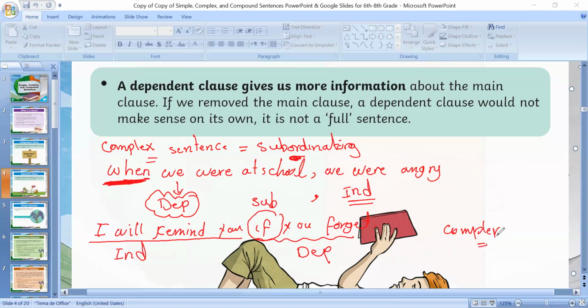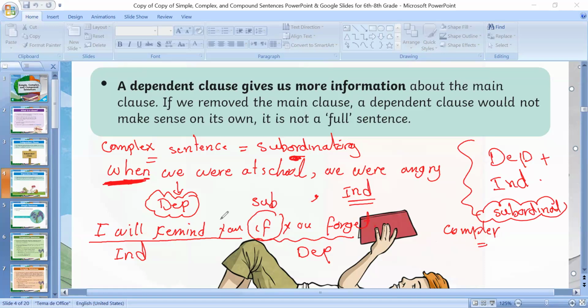So how do I form a complex sentence? By using one dependent clause plus one independent clause. How can I link the sentences together? By the subordinating conjunctions. This is a complex sentence. Look at the punctuation here.